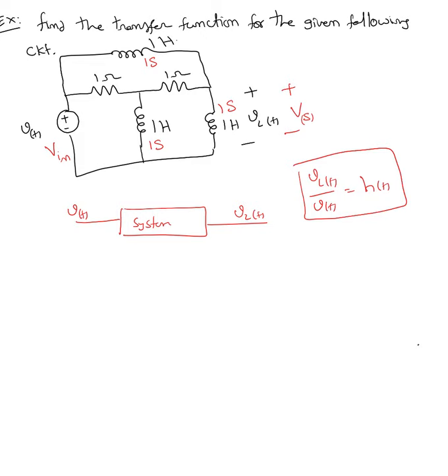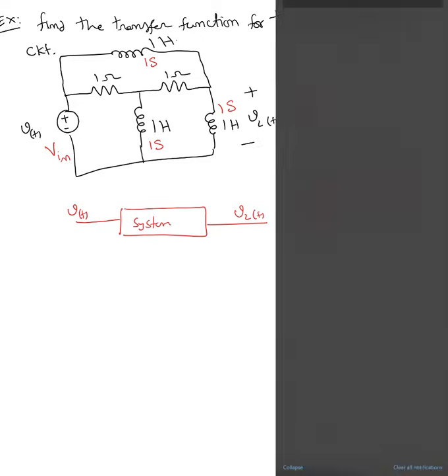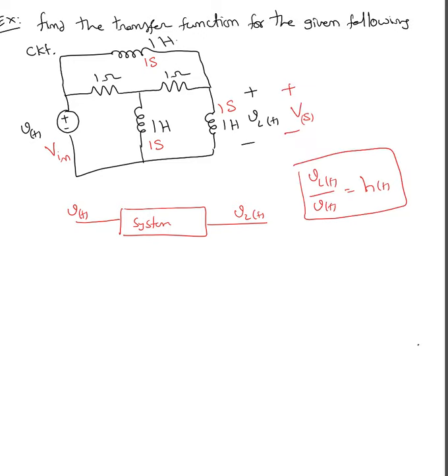You can use mesh analysis or nodal analysis, however you want. Here, since I need to find the voltage, I'm going to use nodal analysis. If I'm using nodal analysis, find out how many nodes are there in the circuit. A node is where two or more elements are connected.